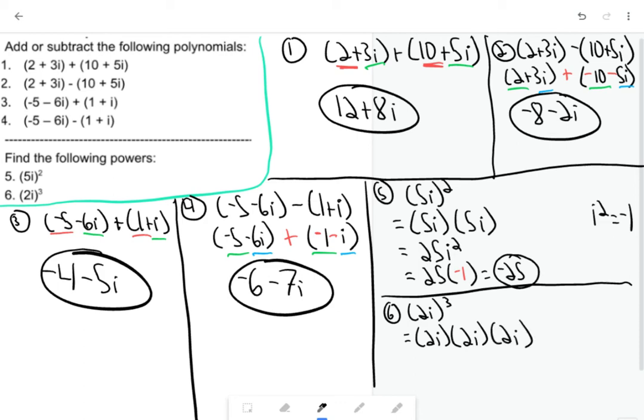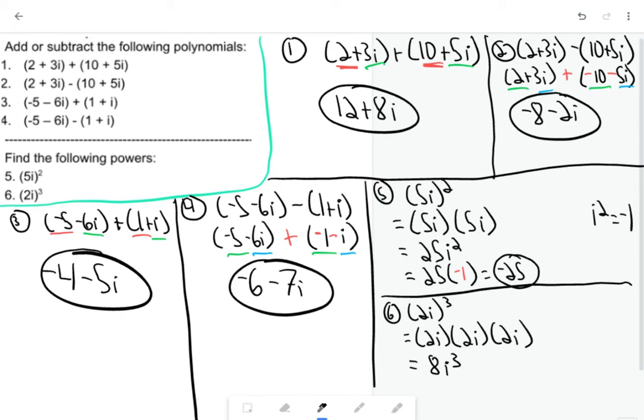And if I multiply that out, 2 times 2 times 2, so 2 times 2 is 4, times 2 is 8. And i times i times i is i cubed. So I end up with 8i cubed.